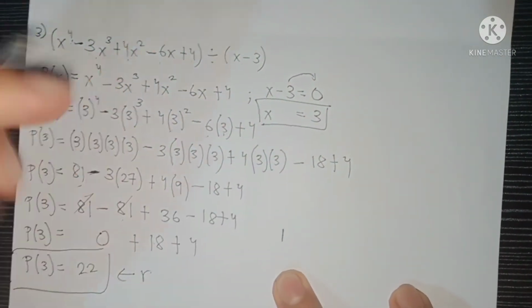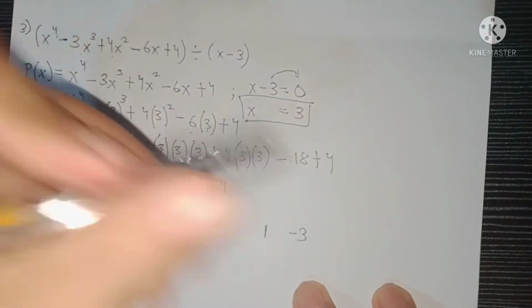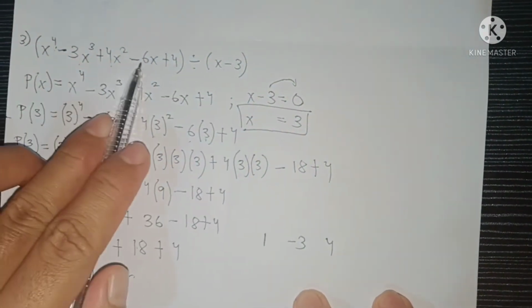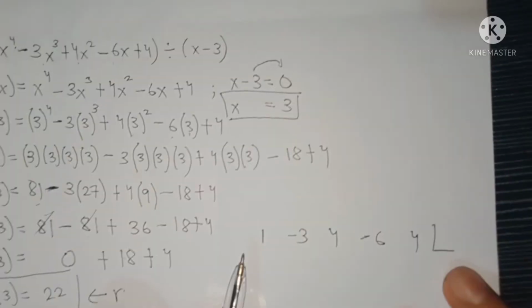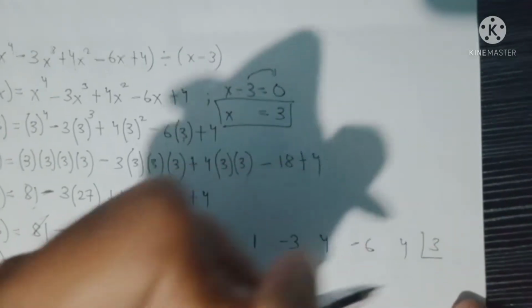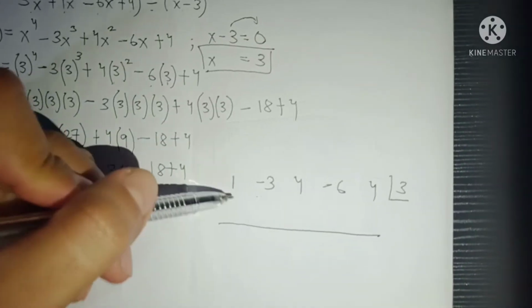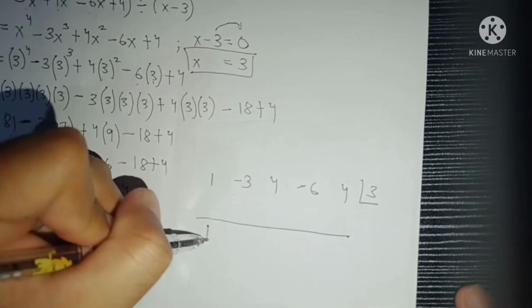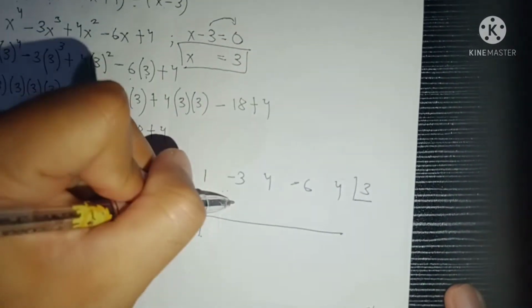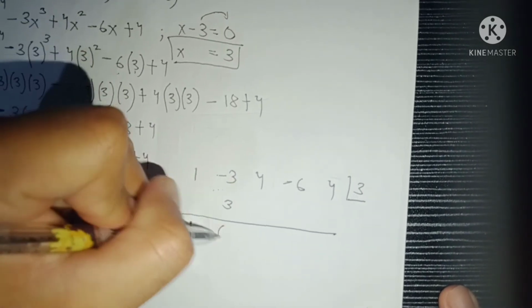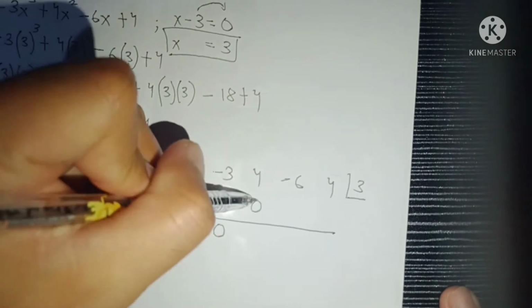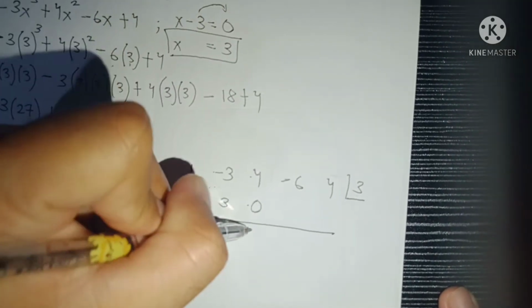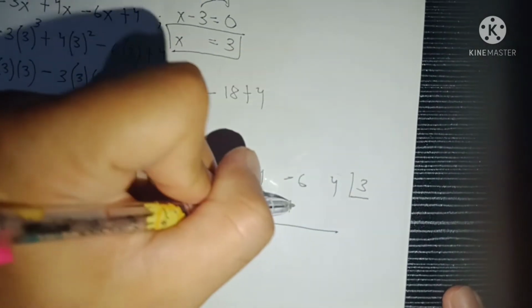You have 1, negative 3, positive 4, negative 6, positive 4. And then you have positive 3. So yeah, bring down 1, and then 1 times 3 is 3. Negative 3 plus 3 is 0. 0 times 3 is 0. 4 plus 0 is 4. 4 times 3 is 12.